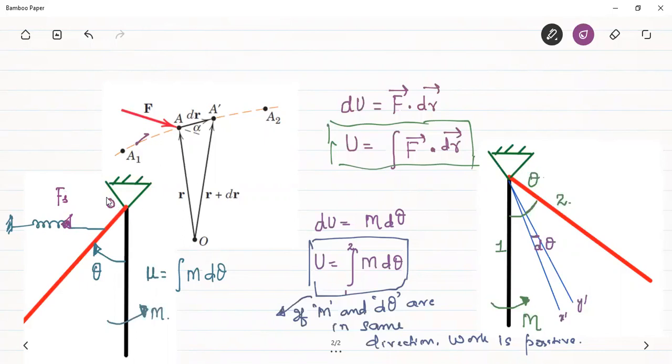Only then will this rod move in the clockwise sense. So no need to wonder how the moment and d theta can be in opposite directions. Although the moment is in the anti-clockwise direction, the displacement here is in the clockwise direction. Therefore, the work done by this moment will be negative.